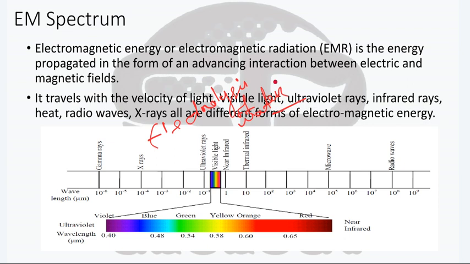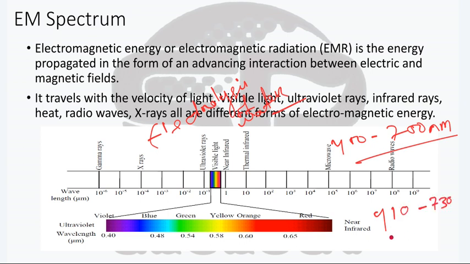Three primary colors are RGB, red, green, blue, and the seven colors of visible light are VIBGYOR, violet, indigo, blue, green, yellow, orange, red. This is from 400 nanometer to 700 nanometer. Okay, this you remember always. Some say 410 to 730 also. So 400 to 700 nanometer.